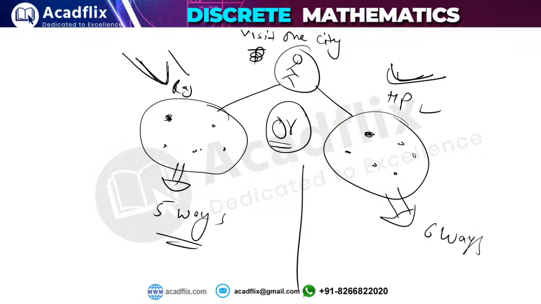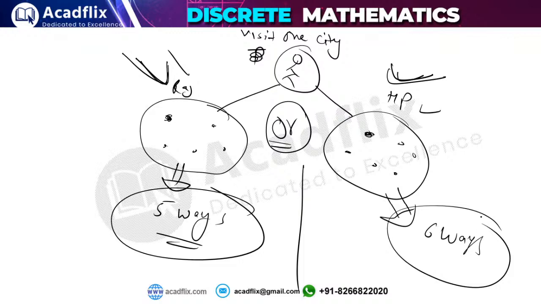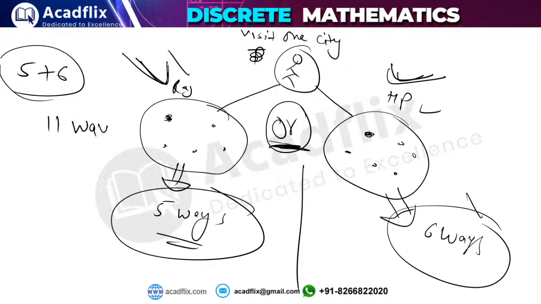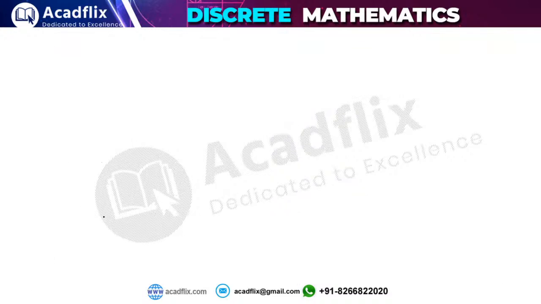So these 5 cities are disjoint from these 6 cities. Now you can apply the sum rule, because there is OR here. The sum rule will say 5 plus 6, so you have 11 ways to visit one city. Okay, so this is the case.